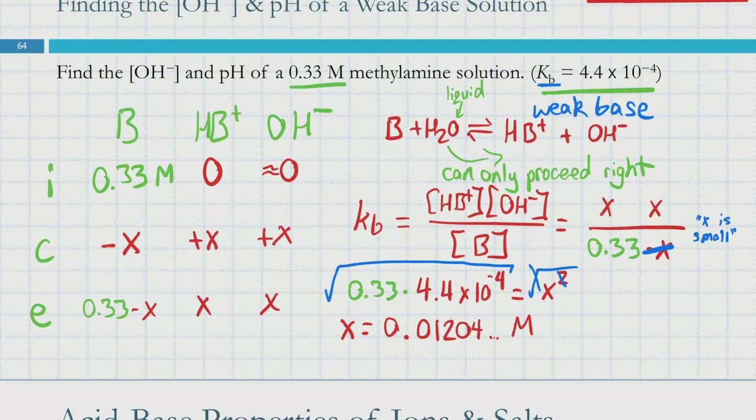Checking our x's small approximation, we get about 3.7%. So our x's small approximation works here. So this x value is the same as our hydroxide concentration. It's also equal to our HB plus concentration, but we don't really care about that, at least for this question.